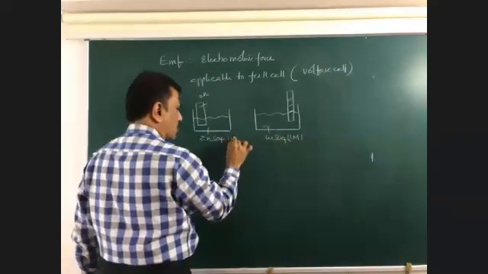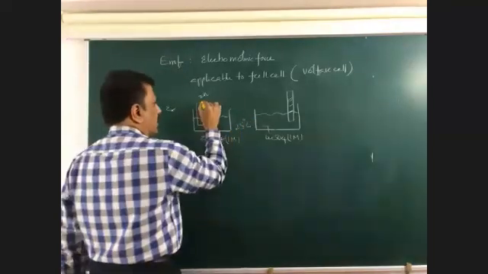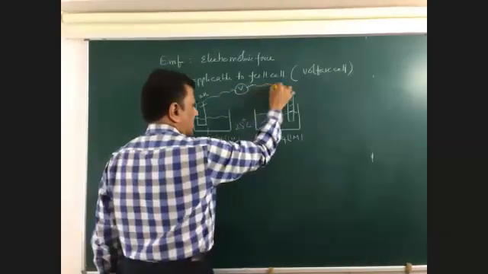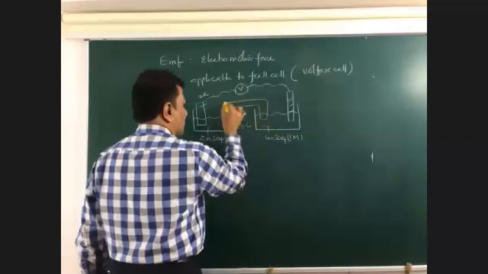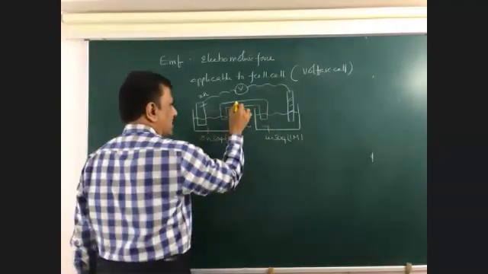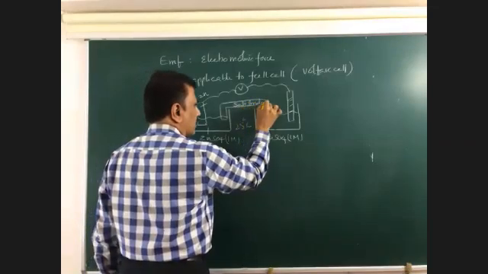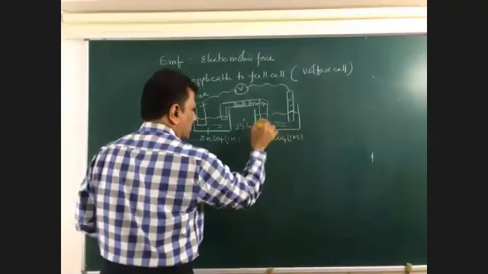This is also 1 molar, at 25 degrees centigrade. And here a voltmeter is fixed and connected. To complete the circuit, a salt bridge is placed. Here it is, the salt bridge. This is an aqueous solution here also.